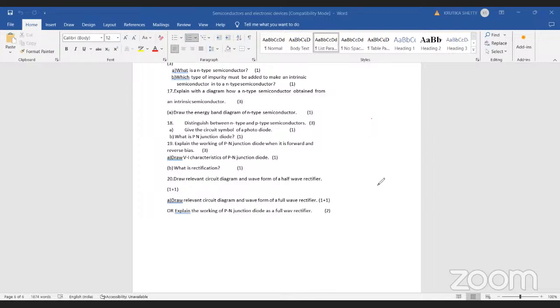For the circuit diagram, I will just draw it roughly. This is the input voltage, which is an AC voltage.